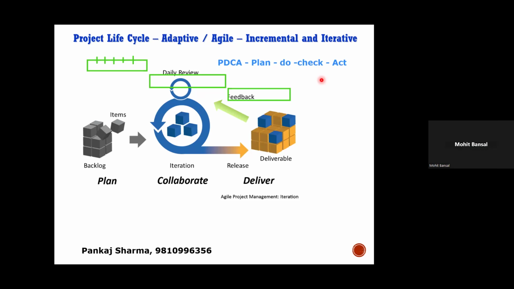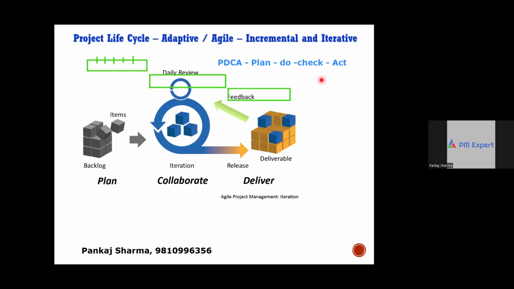Now we have discussed the predictive model. We have discussed incremental, and iterative, which is agile. Now, can we discuss hybrid?